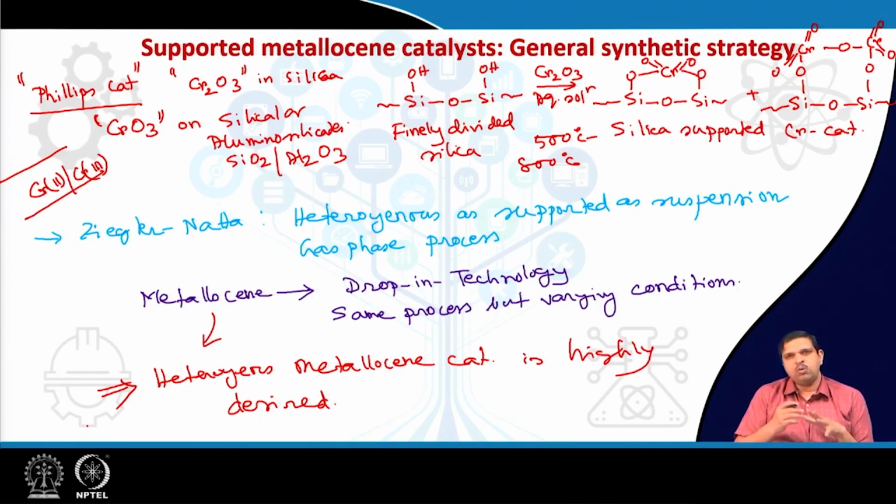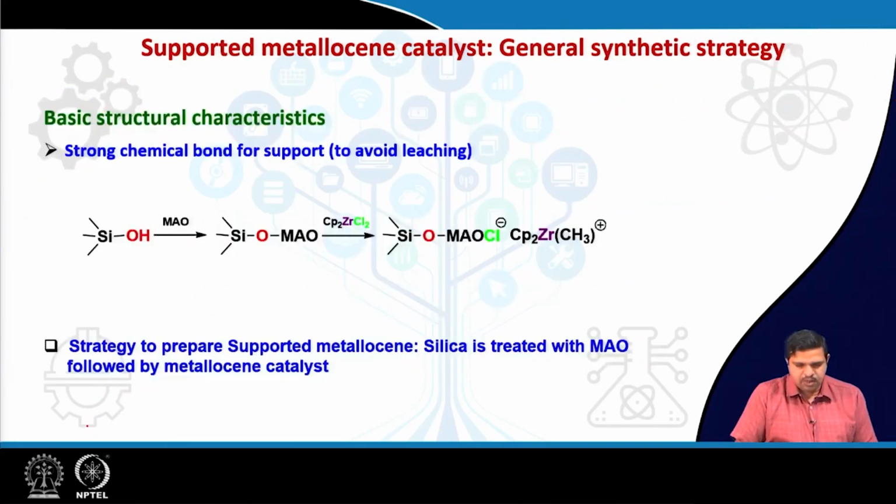So it follows the concept of drop in technology with the metallocene catalyst. As Ziegler-Natta was heterogeneous, we will also try to convert the homogeneous metallocene to a heterogeneous catalyst. Now, how can it be done?